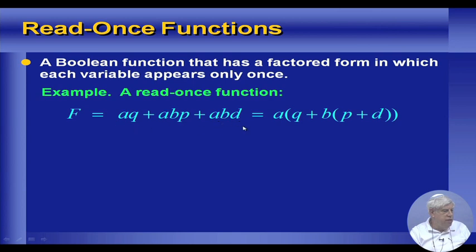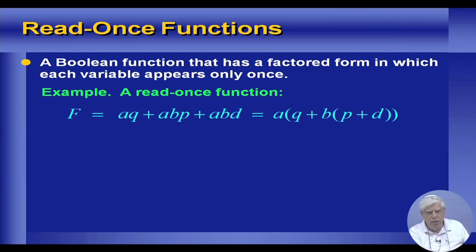Now this formula has A appearing 3 times, has B appearing twice, but we can pull out the A, pull out the B, and we have this equivalent logic form where every variable appears exactly once. That's the idea of a read once function, that you can factor it into a form where every variable appears exactly once.